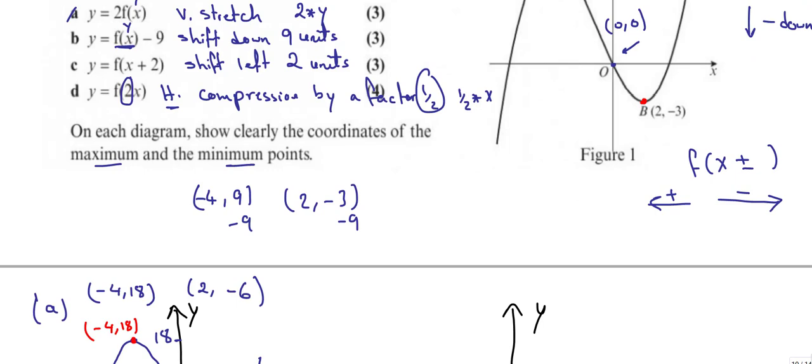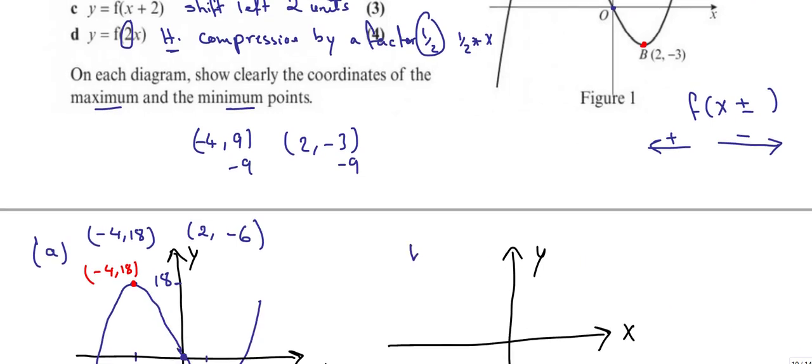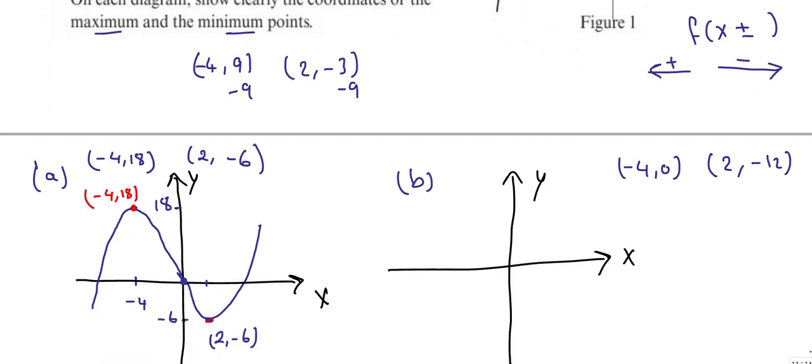You see what I'm doing? If you do this, you will have -4 and 0, and the other point will be 2 and -12. So -4 and 0 will be here, and 2 and -12 will be down here. Okay?